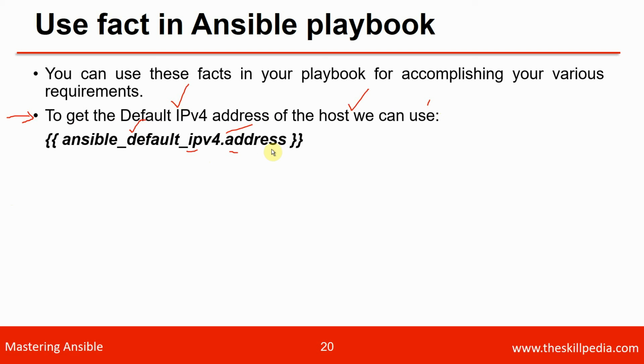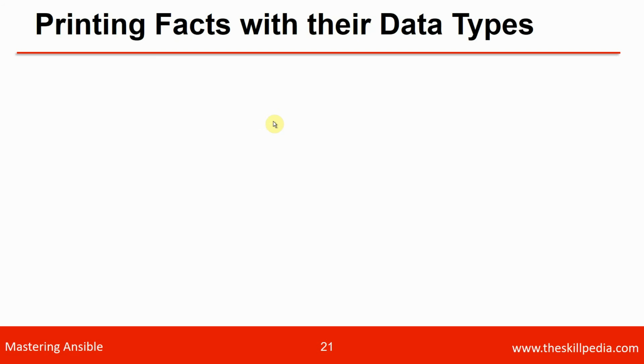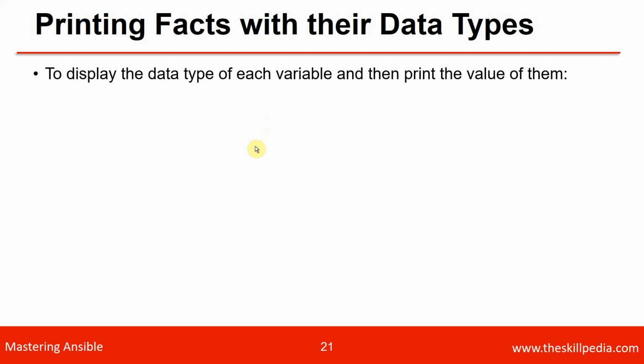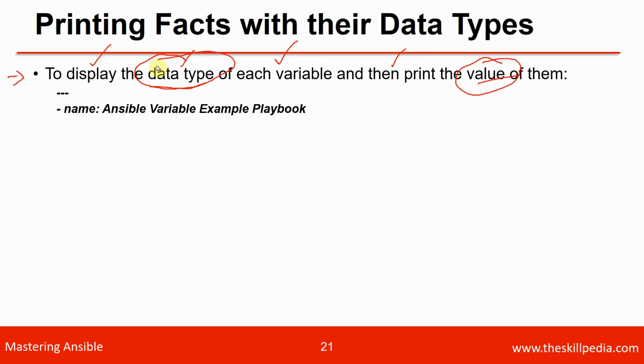That's how you get the individual element, the IPv4 address. Similarly, if you have another data type, we can check that also. This example will show you not only the data type, but how to get the value as well. This simple playbook would display not only the value of a variable of a different type, but also its data type.